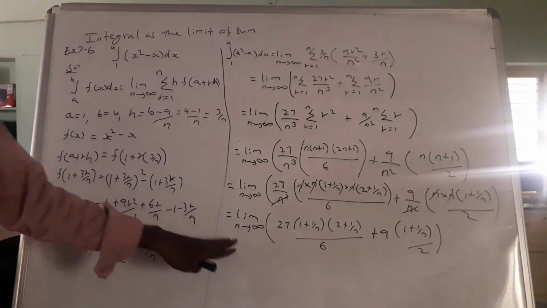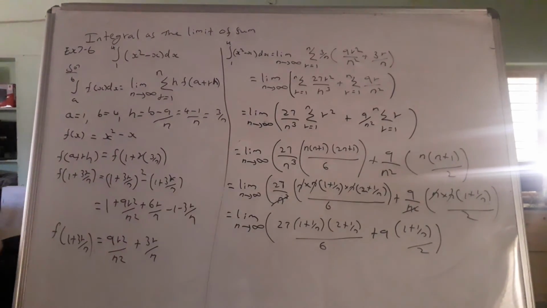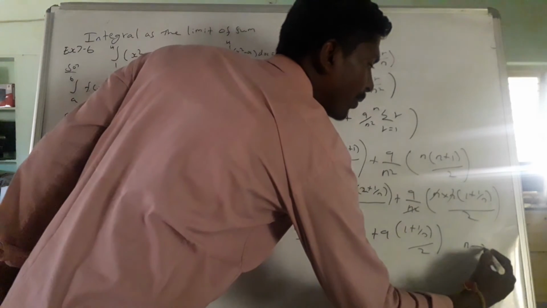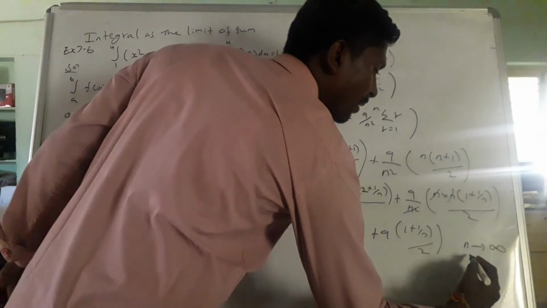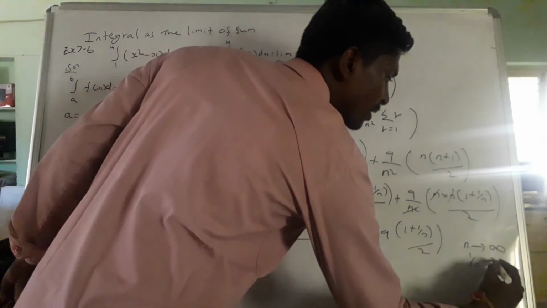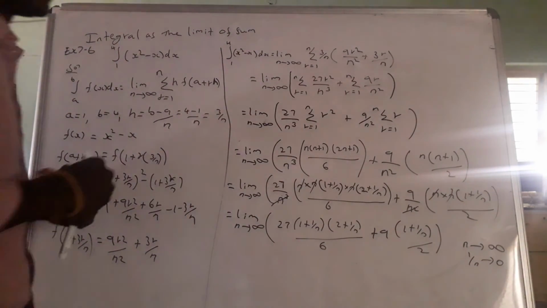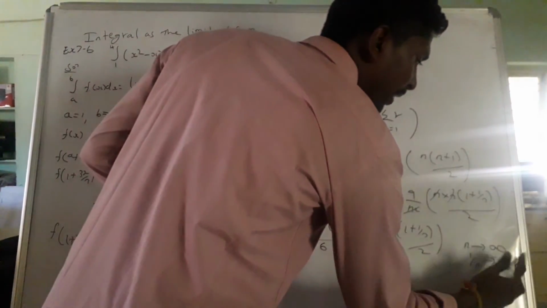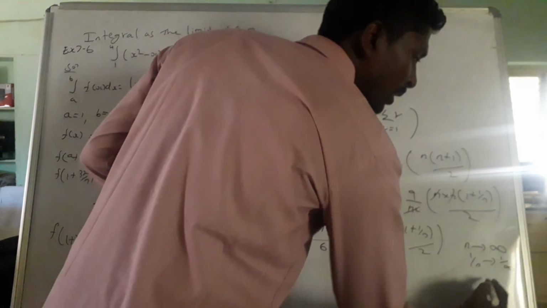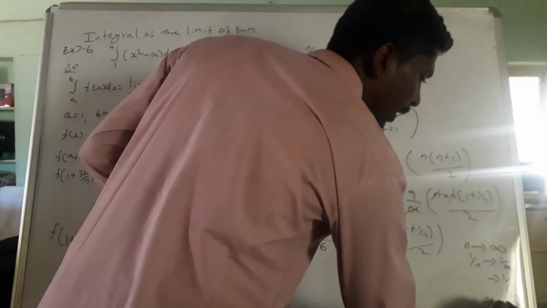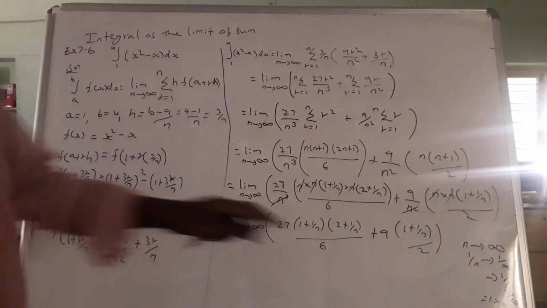Now I remove the limit. When we have n tends to infinity, 1 by n tends to 0. How am I writing it? If I write 1 by n with infinity, it becomes 1 by infinity. So 1 by infinity, write 1 by 0, take the reciprocal, 1 into 0 by 1, it becomes 0. Do you understand the story?